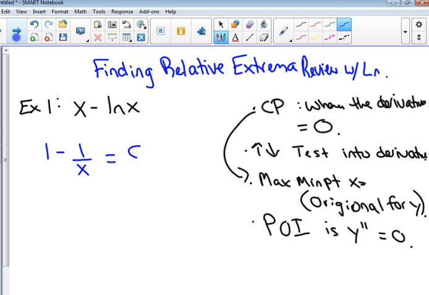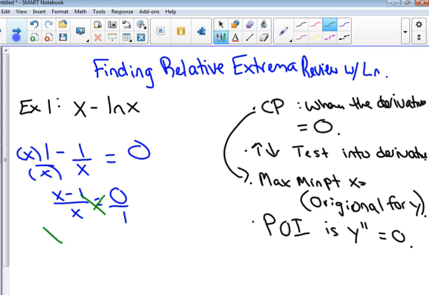So let's set this equal to 0. To make it a little bit easier, get a common denominator, that makes it x minus 1 over x. If you want to see what's going to make this equal to 0, feel free to cross multiply. x minus 1 equals 0. Add your 1. So x equals 1 will make this 0.